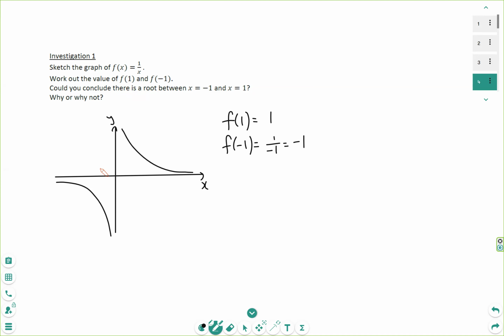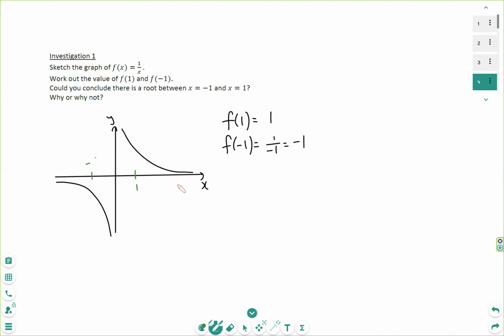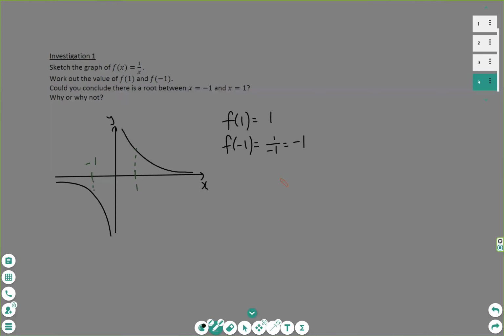Now look at the graph. Is there a root between minus 1 and 1? So between, let's say that's 1 and that's minus 1. Is there a root? No, actually there's no root. Why is there no root?